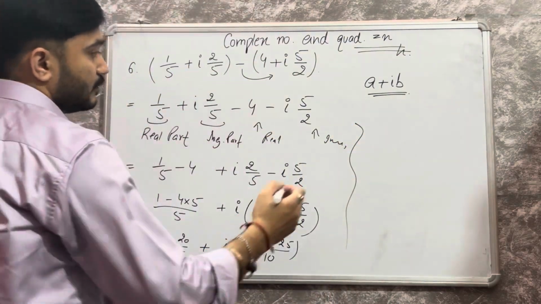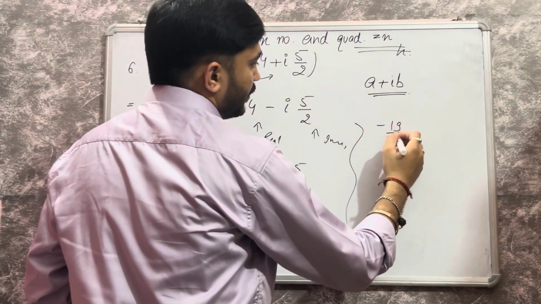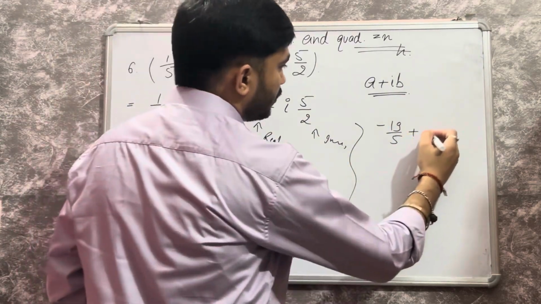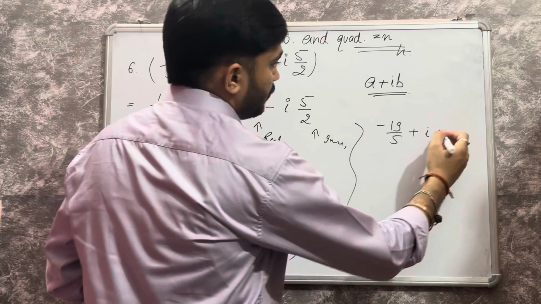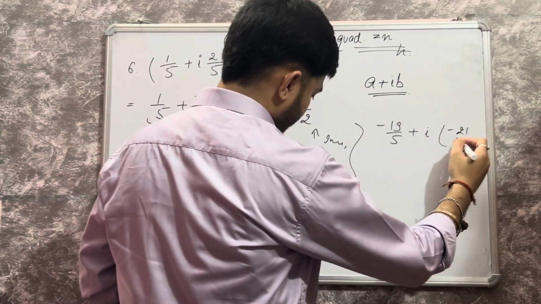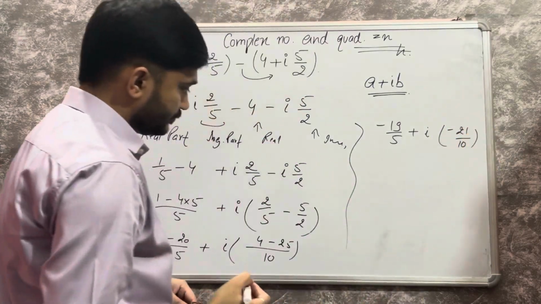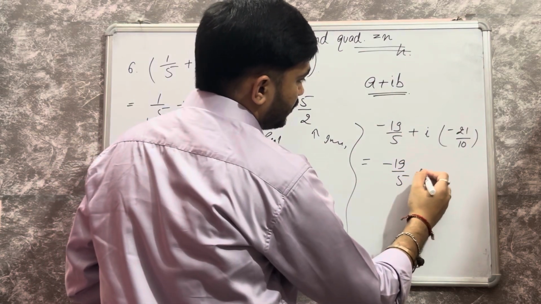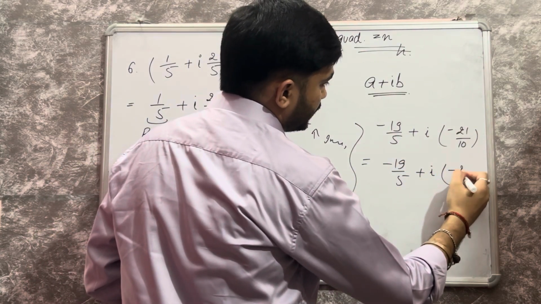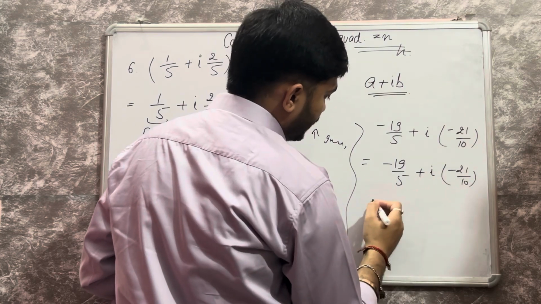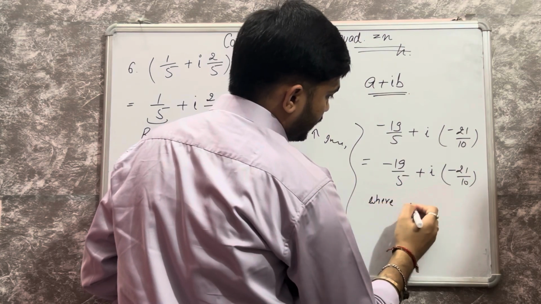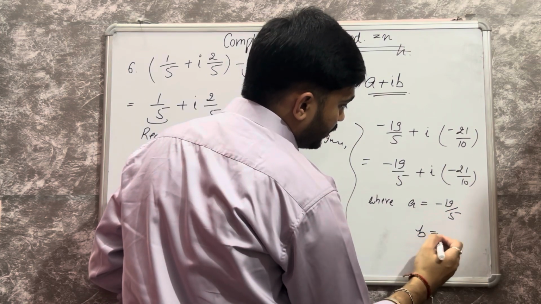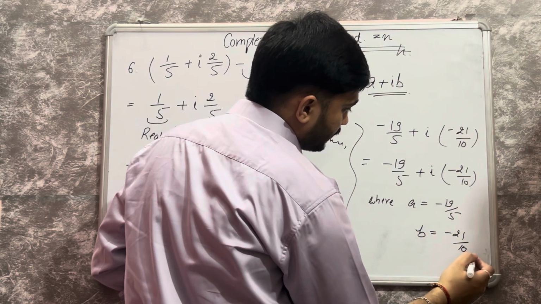We will get −19/5 + i(−21/10). Thus the answer is −19/5 + i(−21/10), where A, the real part, is −19/5 and B is −21/10.